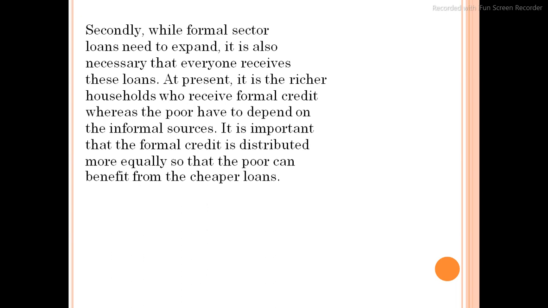Right? So this slide is talking about how, while loans from the formal sector need to expand, it is also necessary that everyone receives these loans. At present, it is the richer households who receive formal credit, whereas the poor have to depend on the informal sources.